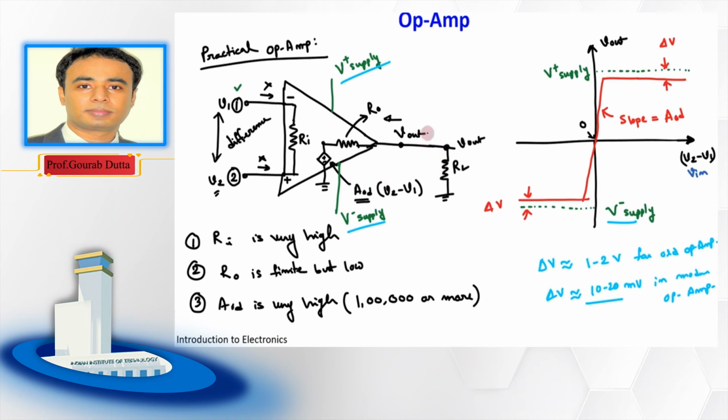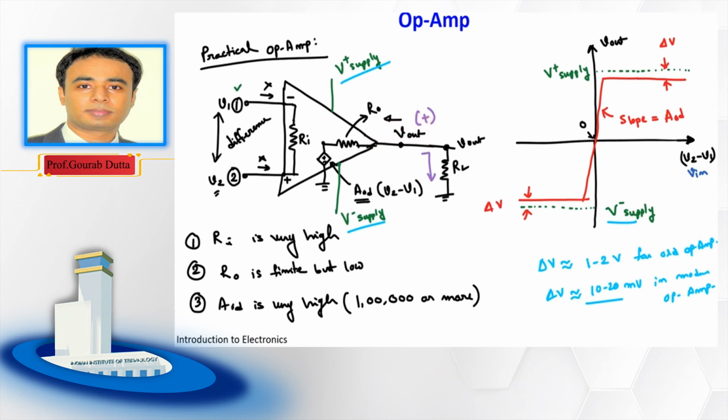Now think about it, when this V output is a positive voltage, then what will happen? Then this op amp will act as a supply for current. Obviously this is positive, this is RL, so depending on the value of RL and this output voltage, one current will flow. So this op amp will act as a supply for this current, right?